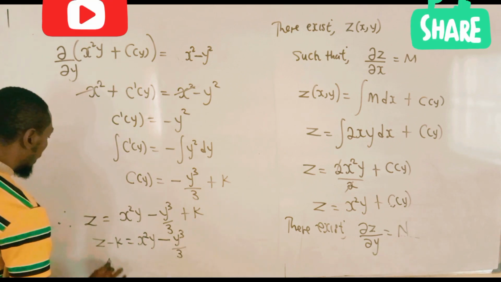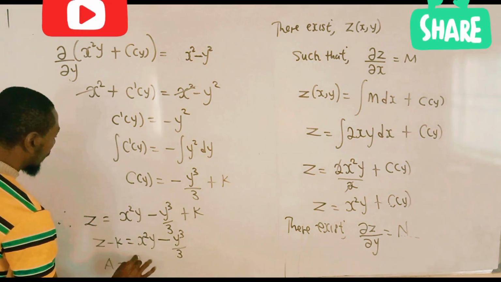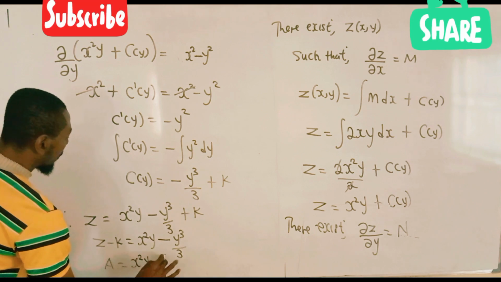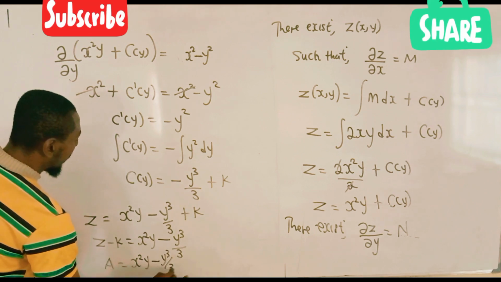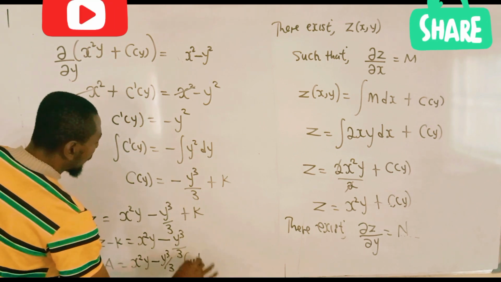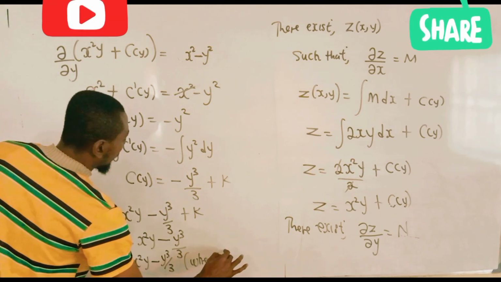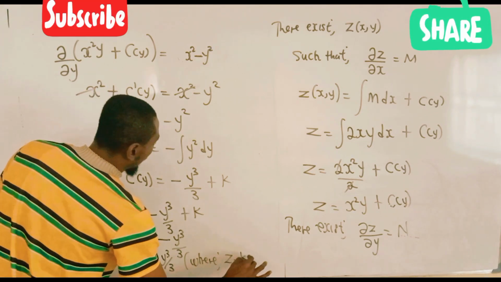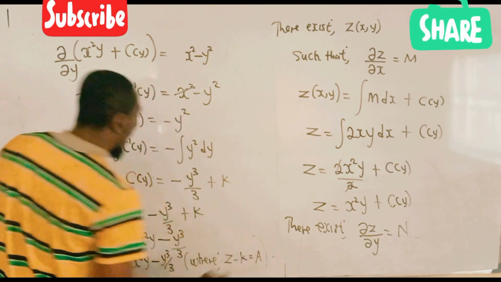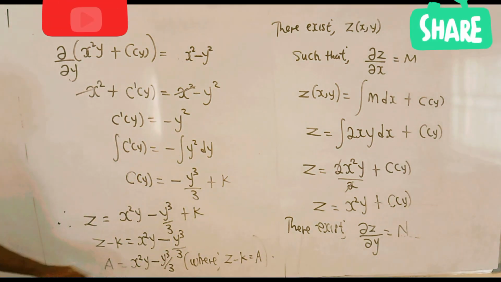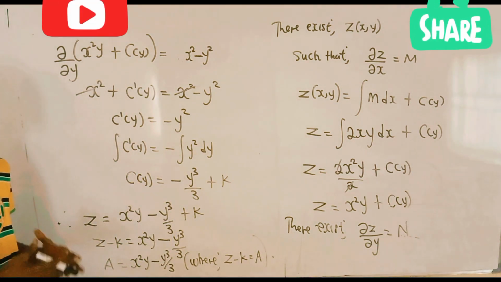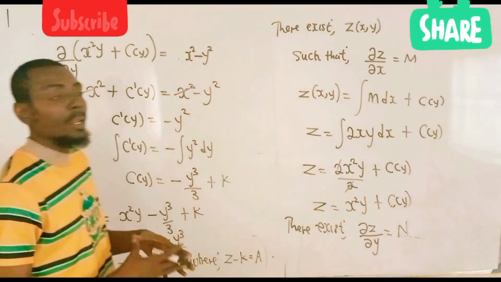Let a be equal to x squared y minus y cubed over 3, where z minus k is equal to a. Eventually, this becomes the final answer, the solution to the differential equation.